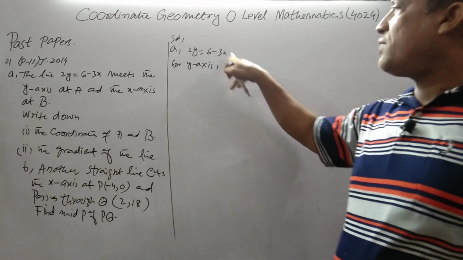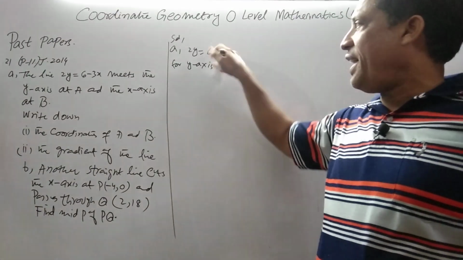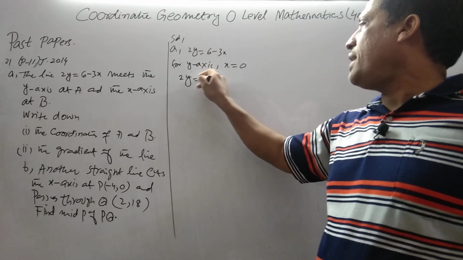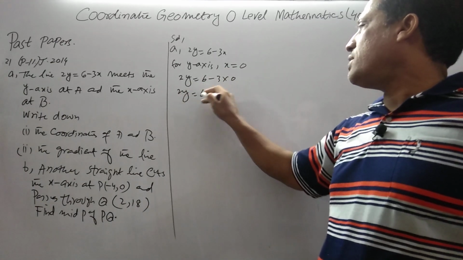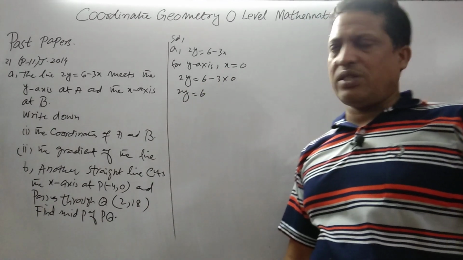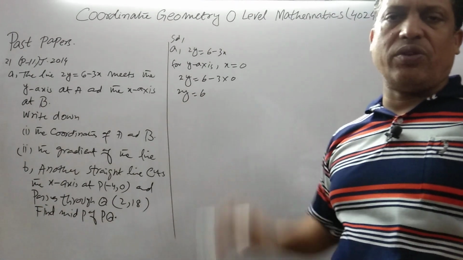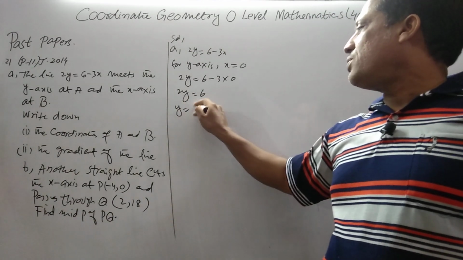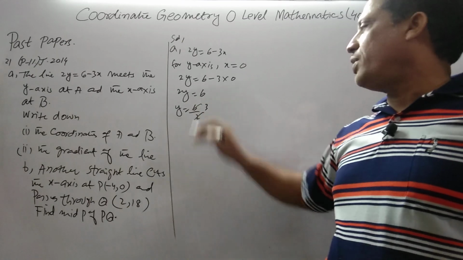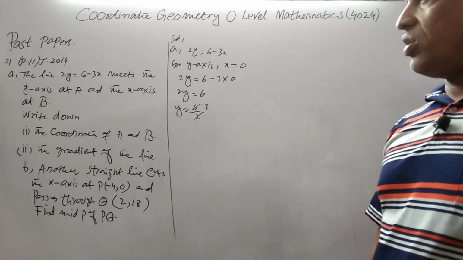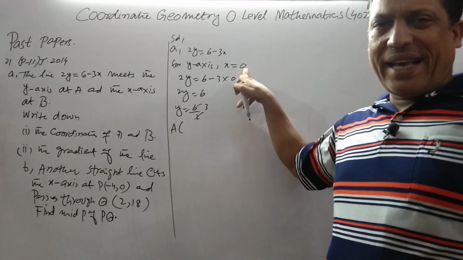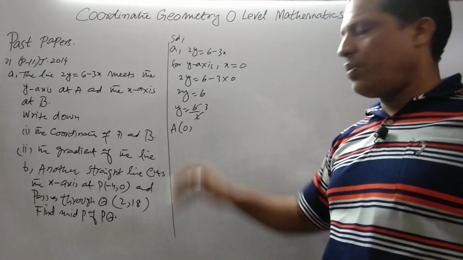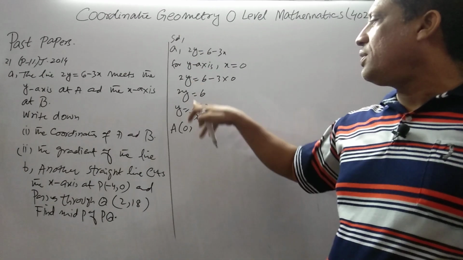So we must put x equals 0 in the given line. 2y equals 6 minus 3 into 0, and 3 into 0 is 0. And y equals 6 over 2. Hence the coordinates of A are x is 0, comma, y is 3.